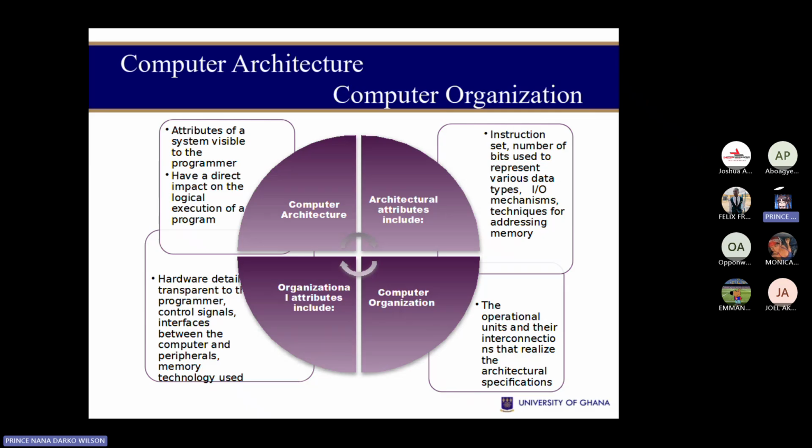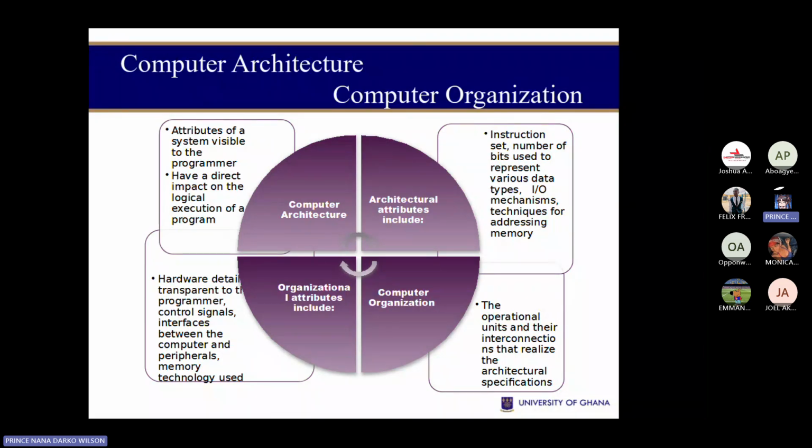Then we have the organizational attributes, which include the hardware details transparent to the programmer, control signals, interfaces between the computer and peripheral memories, technologies used. And we have computer organization, that's the operational units and their interconnections that realize the architectural specifications.